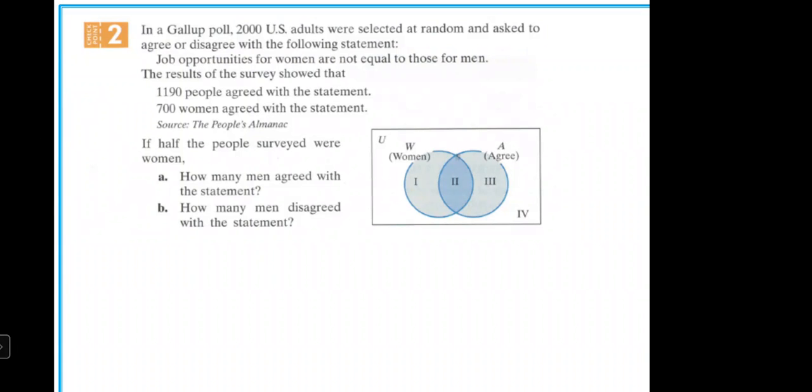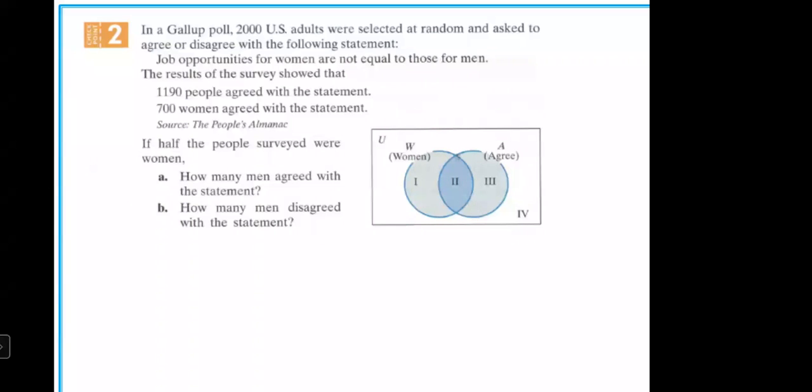Okay, if half the people surveyed were women, how many men agreed with the statement? How many men disagreed with the statement? All right. So again, this is a situation where you weren't really given numbers about men and women. The focus was really on the women and those who agree with the statement.